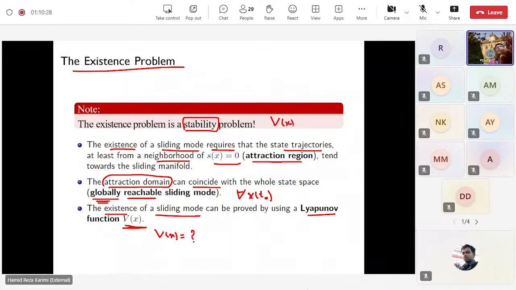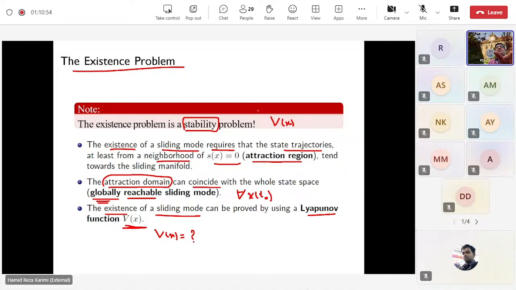Okay, so now there is a lot of research. Many researchers develop many Lyapunov functions. And if you choose a new Lyapunov function, then you can design a new control. Therefore, the main task for the researcher in this area is to pay attention to how to develop a less conservative Lyapunov function.